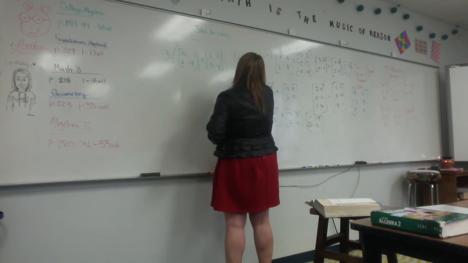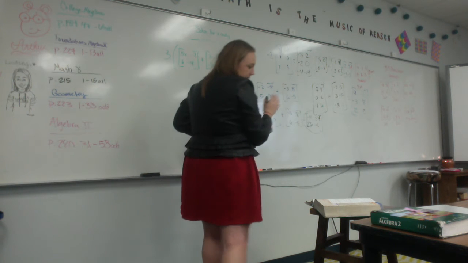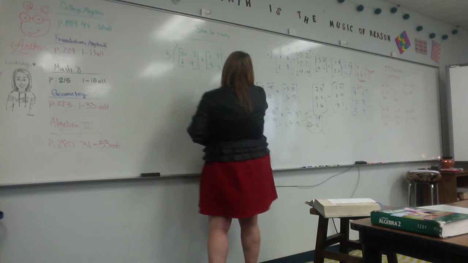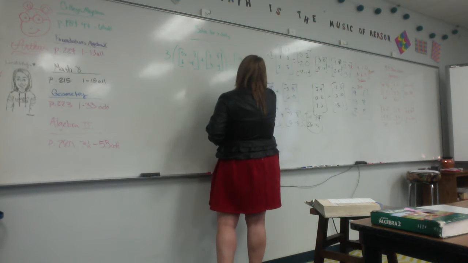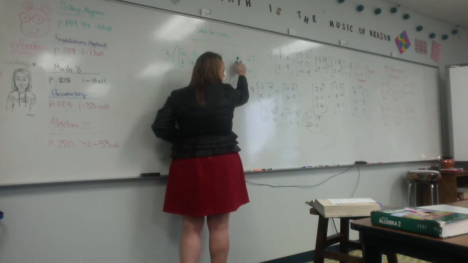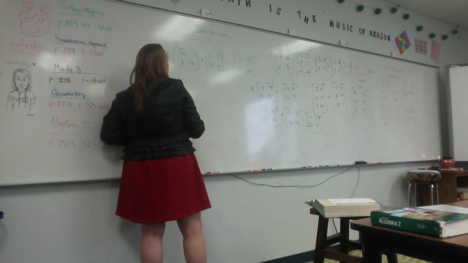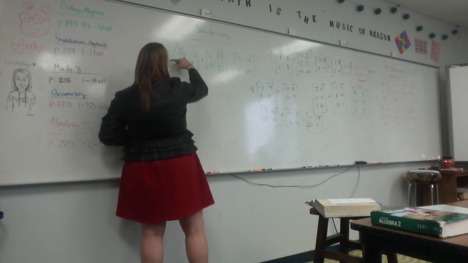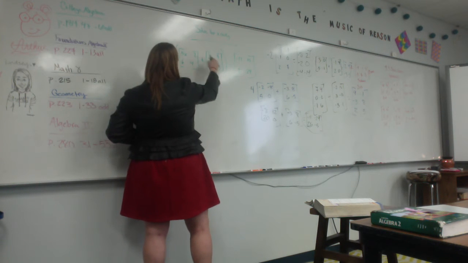Now, think this through with me before you shut down. What spot, this spot right here, how do I get this spot? I would get it by adding whatever this is to this, right?